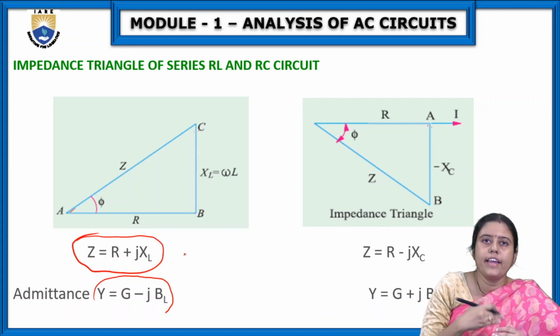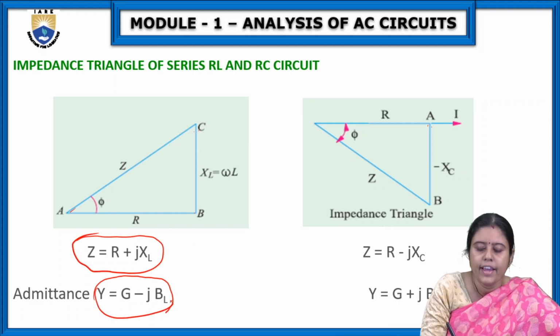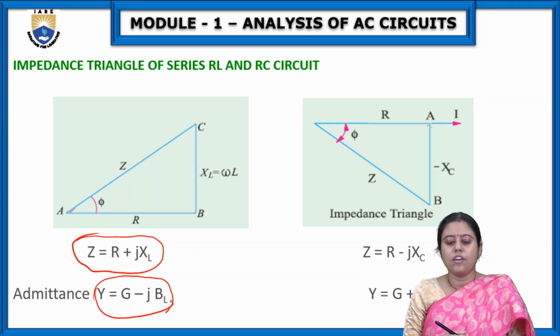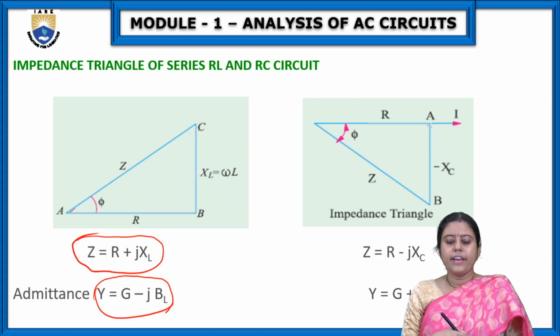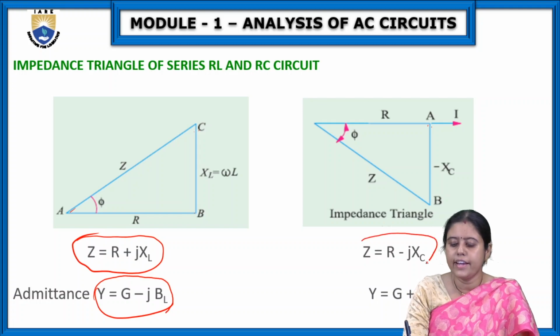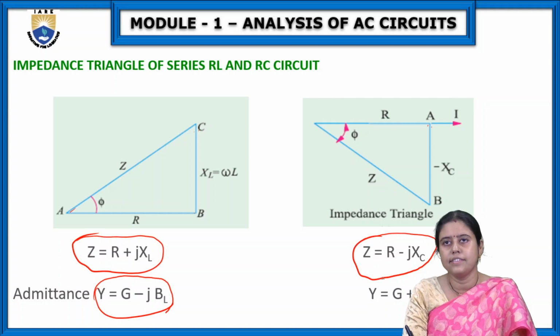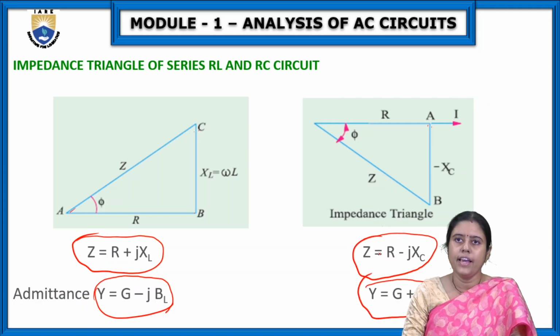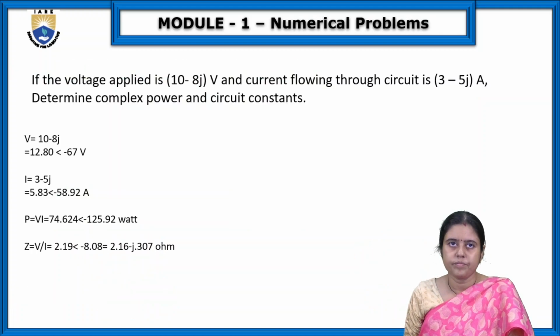If we take the inverse, we get admittance Y is equal to G minus JBL. Similarly, here Z is equal to R minus JXC. So Y is equal to G plus JBC.